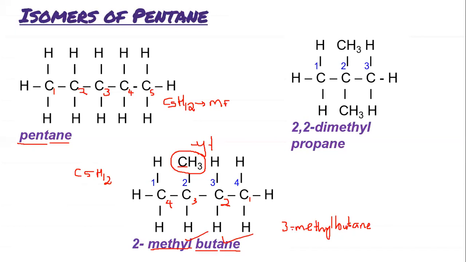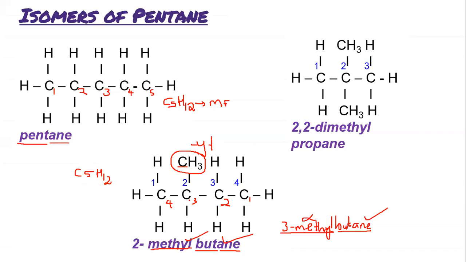For this part, you will get a mark, but for this part, you will not get a mark. Why? Because when you number like this, you are making that substituent be on the highest numbered carbon.